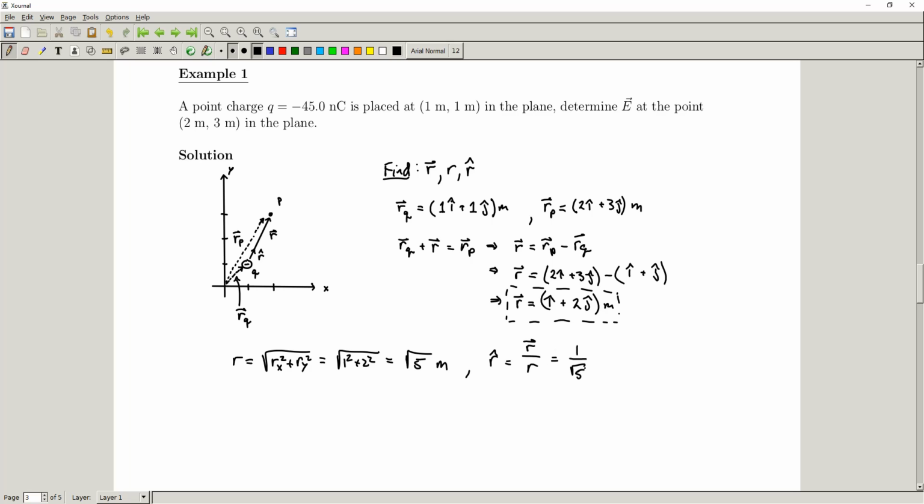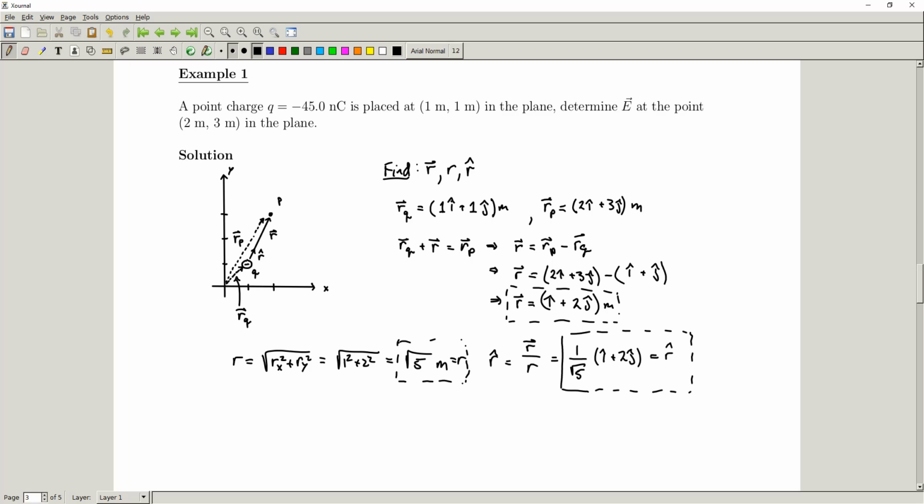This is our dividing out of the magnitude, and it's just times the vector r, which is basically just i hat plus 2 j hat. Okay, so this is our unit vector, and again, this has no dimensions, right? Maybe I shouldn't solid box that. I'll dotted box it. Okay, and this is r. These are the 3 values that we wanted.